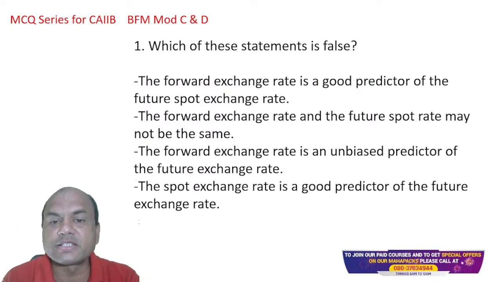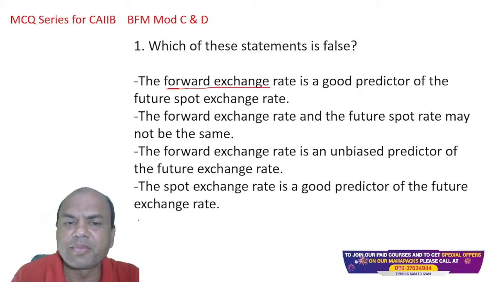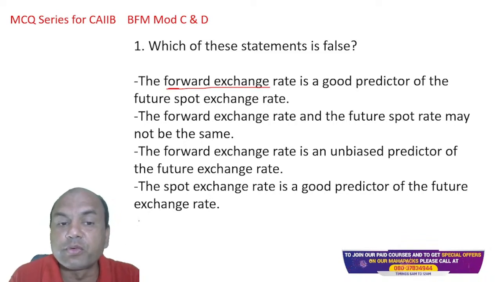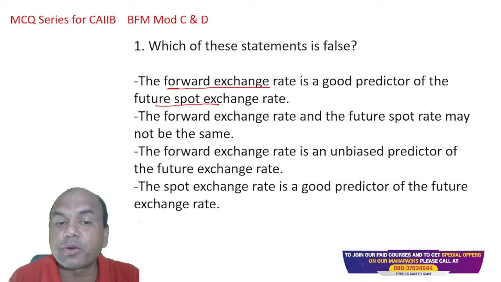Which of the following statements is false? A forward exchange rate is a good predictor of the future spot market. So forward rate can predict the future spot exchange rate. A forward exchange rate and a future spot market may not be the same.